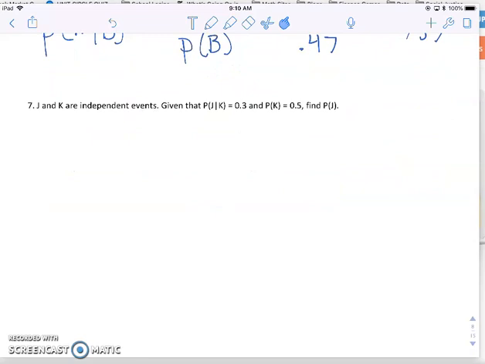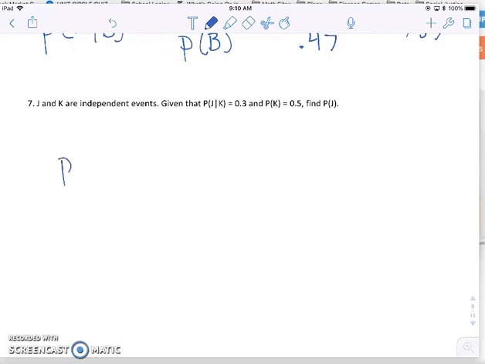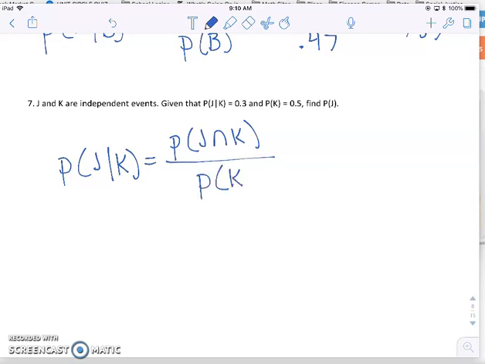J and K are independent events. Given that the probability of J given K is 0.3 and the probability of K is 0.5, find the probability of J. So let's see here. So I'm going to use that definition. So the probability of J given K equals the probability of J and K divided by the probability of K. So we can fill a couple of these in.